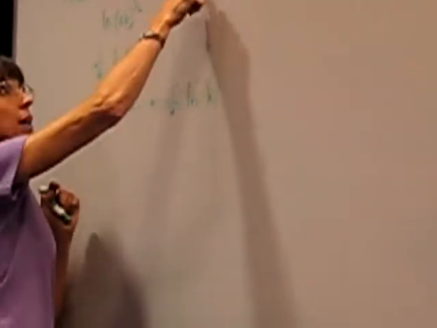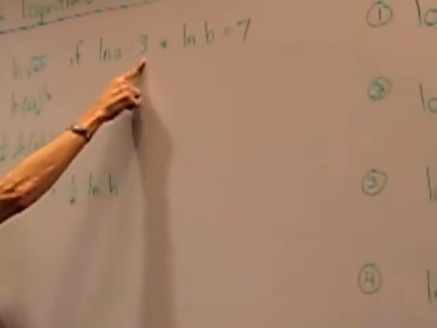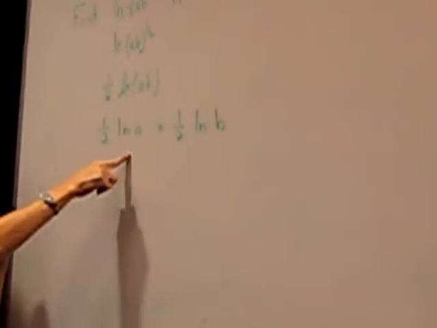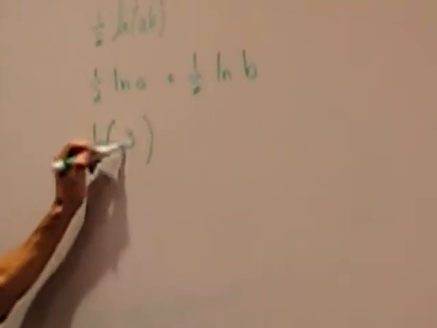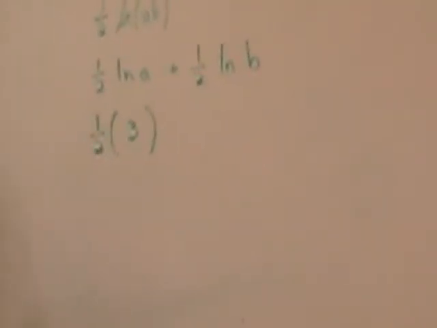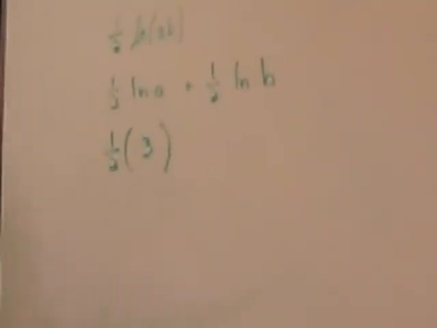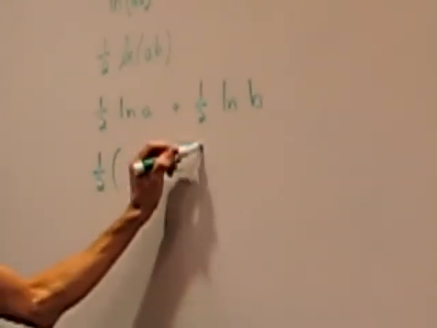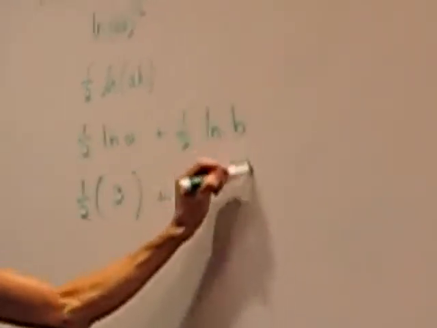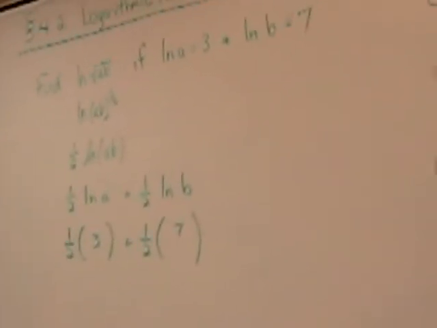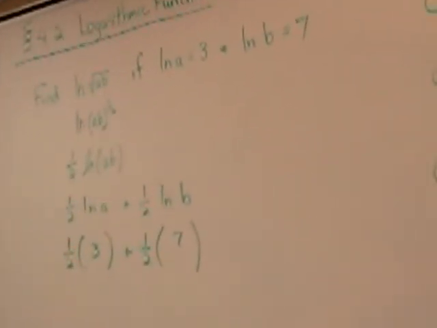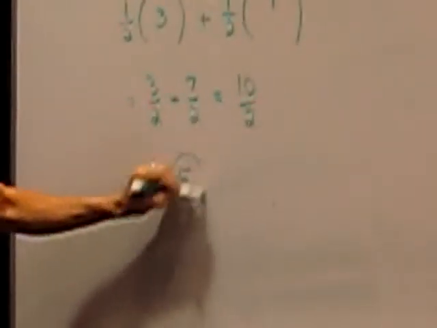I can replace ln of A with 3. And I can put 3 in right here. So I can say 1/2 times 3 plus 1/2 times 7. Okay? 5 is the answer.